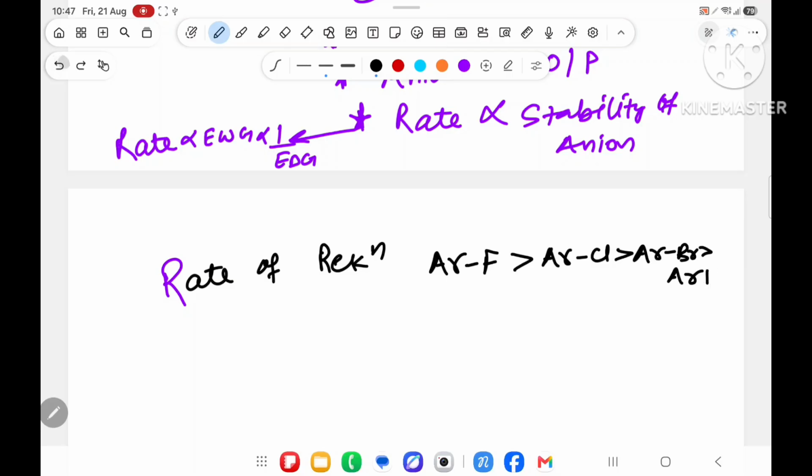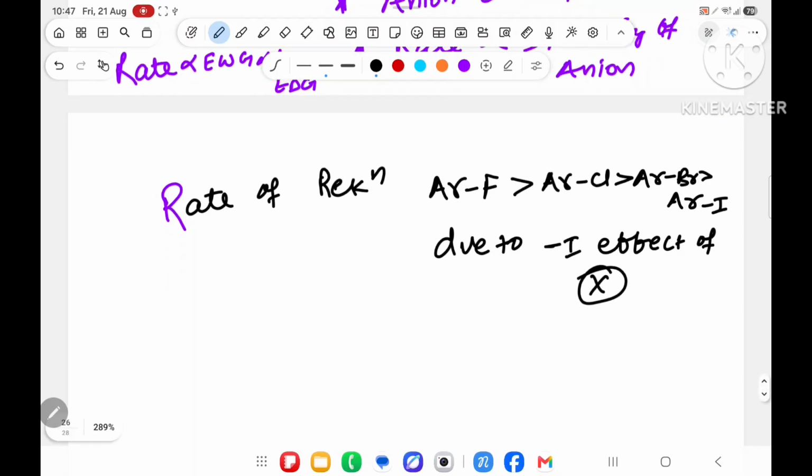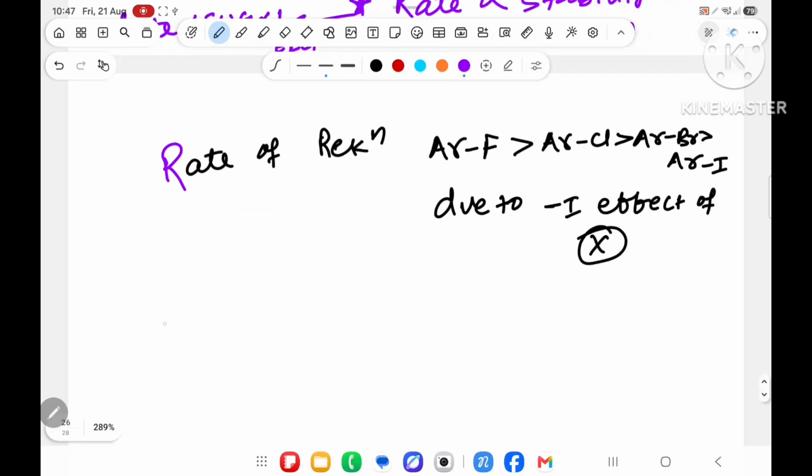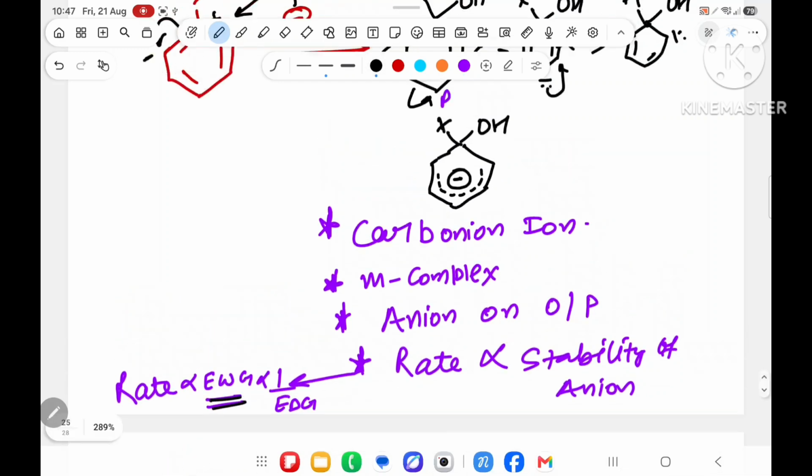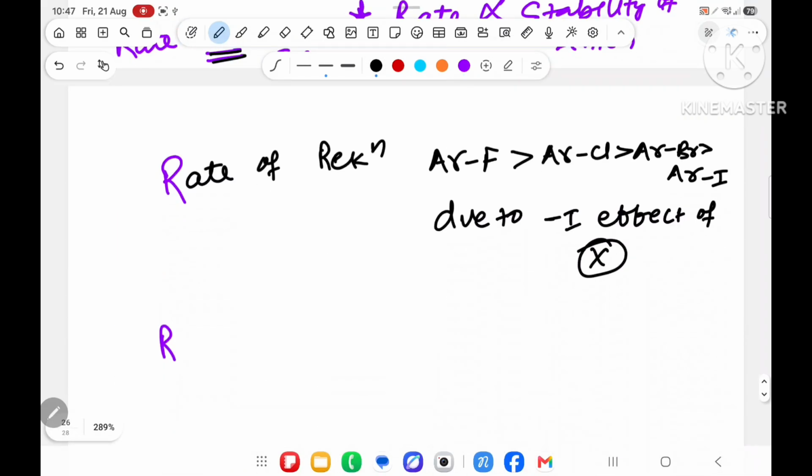What is the reason behind it? The reason is the minus I effect of X. Fluorine has more minus I effect, so it shows more rate of reaction, because an electron withdrawing group is required. The more minus I, the more stable the carbanion is.